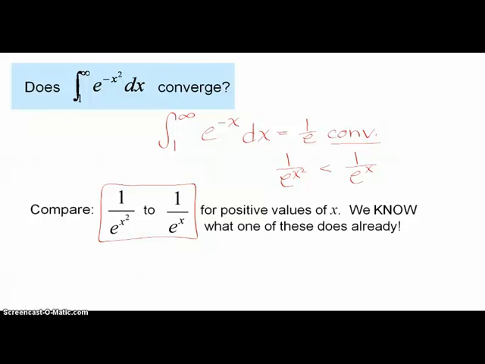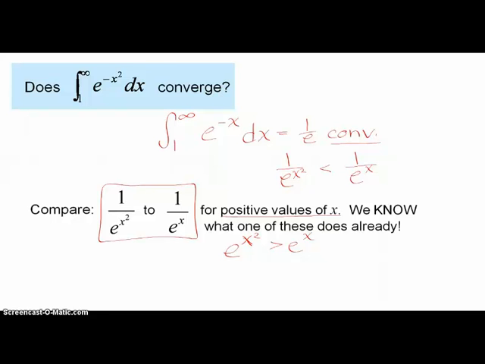And when you have fractions like this, when you have ratios, all you have to show the AP reader is, look, I understand that this is the relationship between their denominators. I understand that for any positive values of x, e to the x squared is greater than e to the x. That's true for any positive value of x you want to put in there.